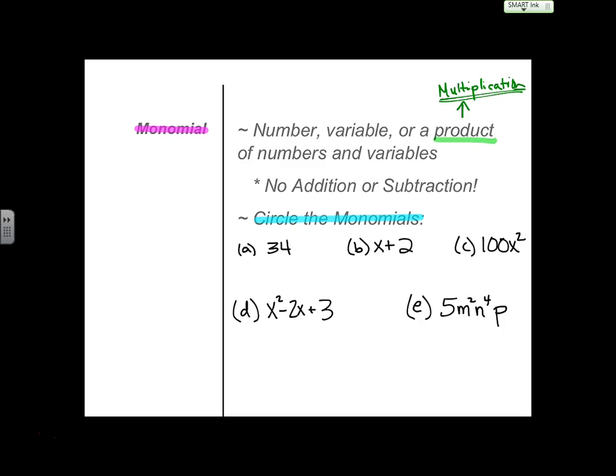One number, one variable, or a product of numbers and variables. After you write them down, circle any of the ones you think are monomials.